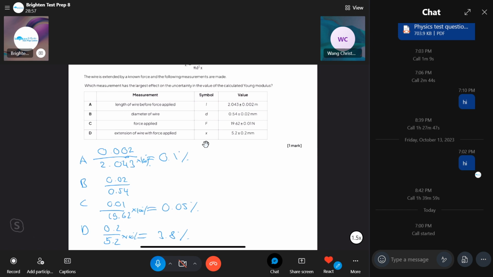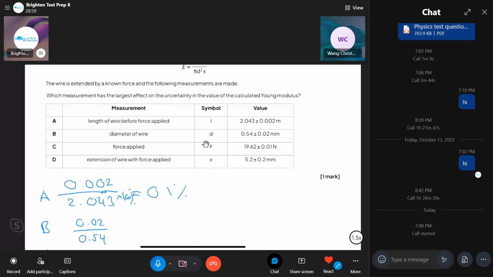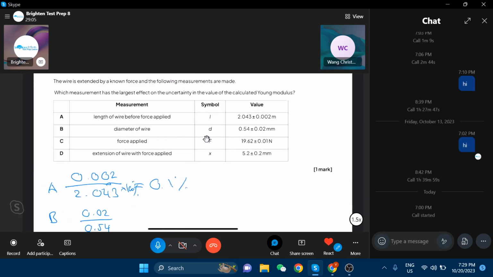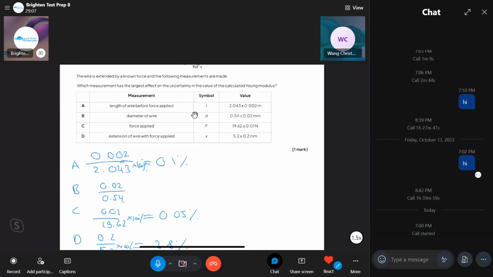When you look at the calculation, what do you have? You have F squared. What does that mean for your uncertainty calculation? Do you remember that? Is it doubled? Yeah, exactly. So it goes by the power as a multiplicator.